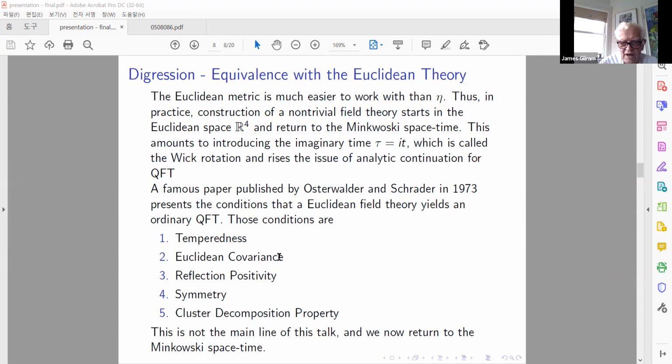What? Hopf algebras? No, all right, I don't know the cluster algebra. I don't know what you're referring to. I do not think they are related.